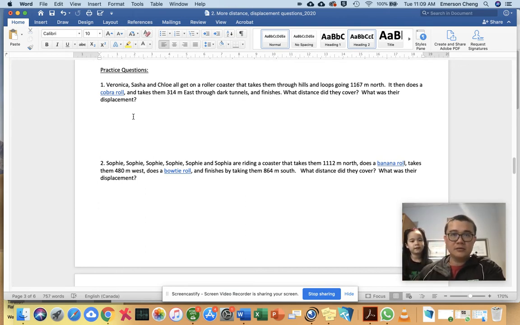Basically, they go 1,167 meters north, and then it does a Cobra roll and takes them 314 meters east through dark tunnels and finish.